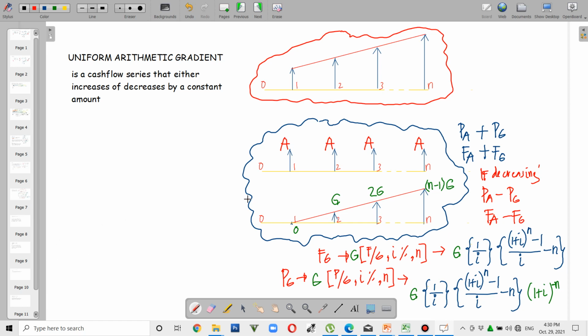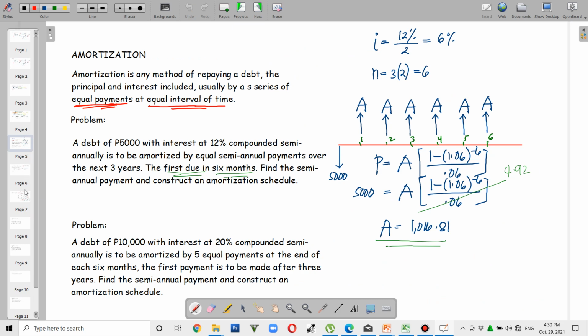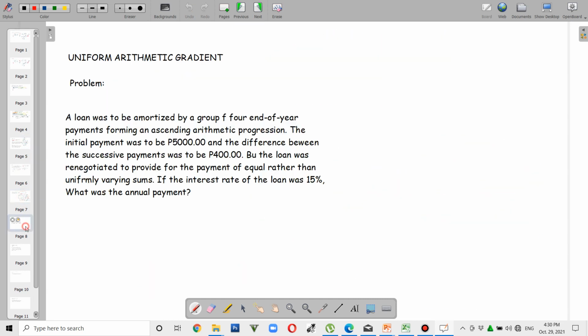So, let us try this on an example. Say we have a loan to be amortized by a group of 4 end of year payments forming an ascending arithmetic progression.